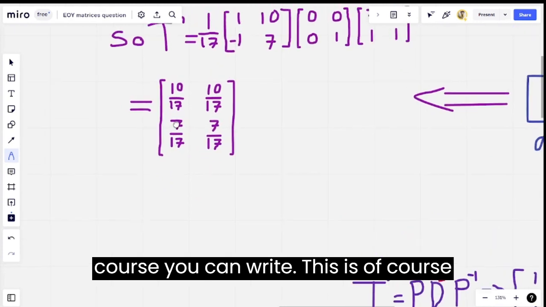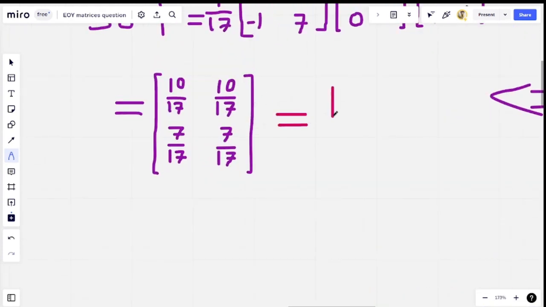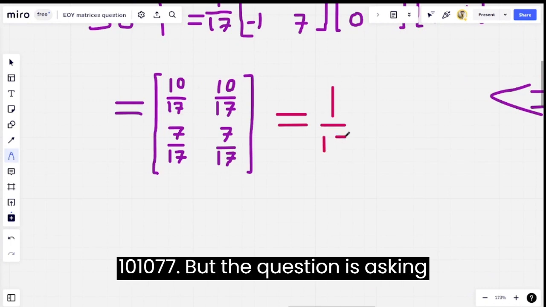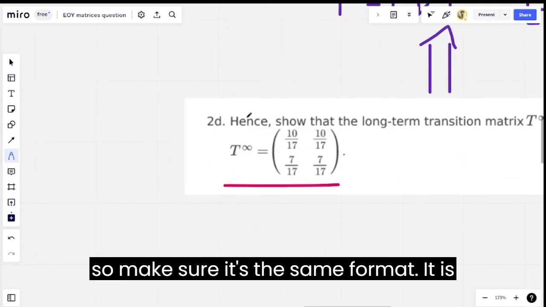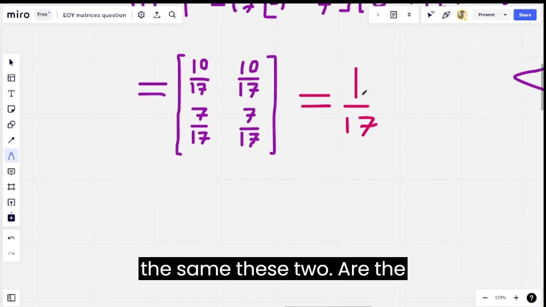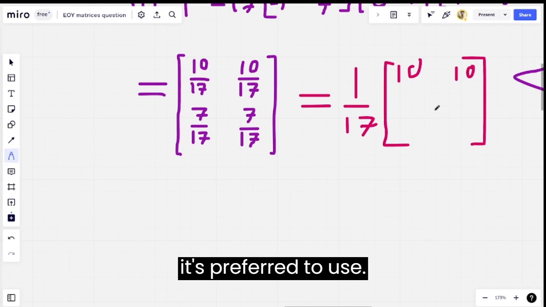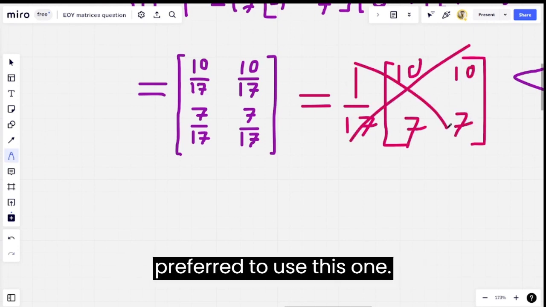Of course, this is the same as saying 1 over 17 times 10, 10, 7, 7. But the question is asking you to prove that it looks like this, so make sure it's the same format. These two are the same, but it's preferred to use this one.